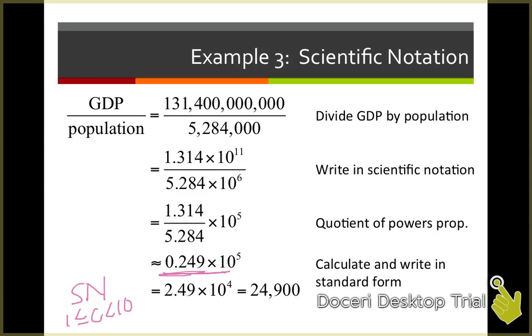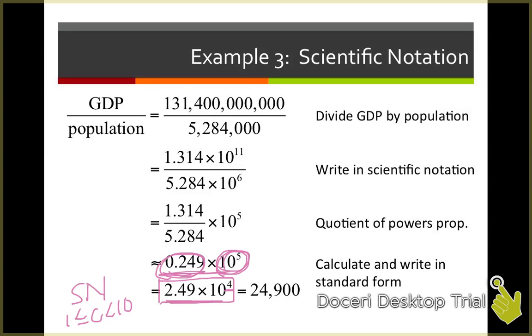So we would have to adjust a little bit by, in essence, borrowing a 10 from here and multiplying it to here so that we get 2.49. And if we borrow a 10 from here, then we end up with 10 to the 4th power here. So if we need our answer to be in scientific notation, we need to make sure our final answer really does fit the definition of scientific notation.